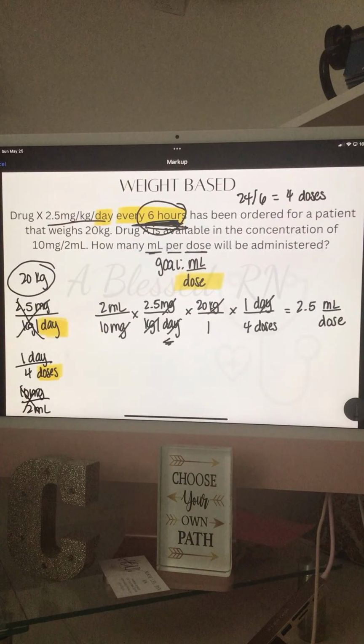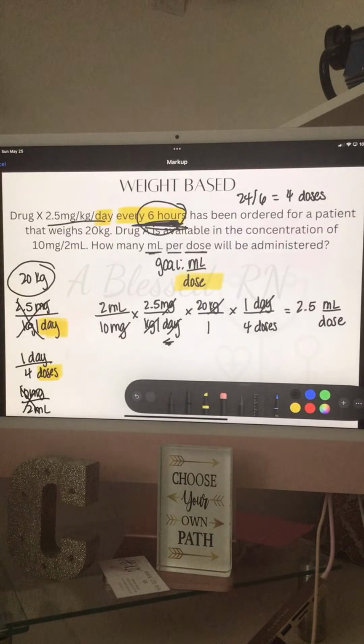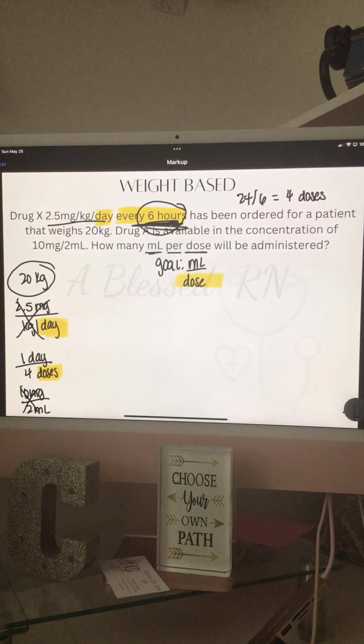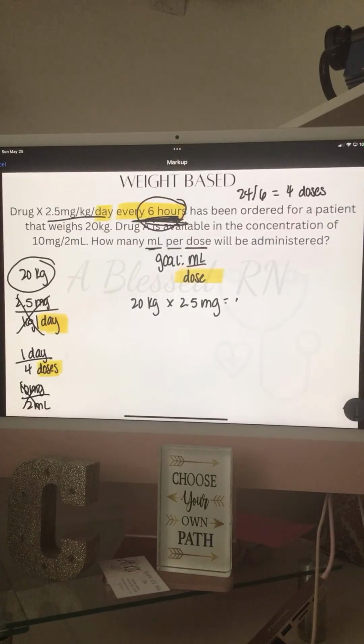Yes, thank you. Can this be done in desired over have times quantity? Yeah, with some extra steps. If you do desired over have for this, you are going to do your weight, so 20 kilograms times your 2.5 milligrams. That's going to give you 50 milligrams, and that's per day.